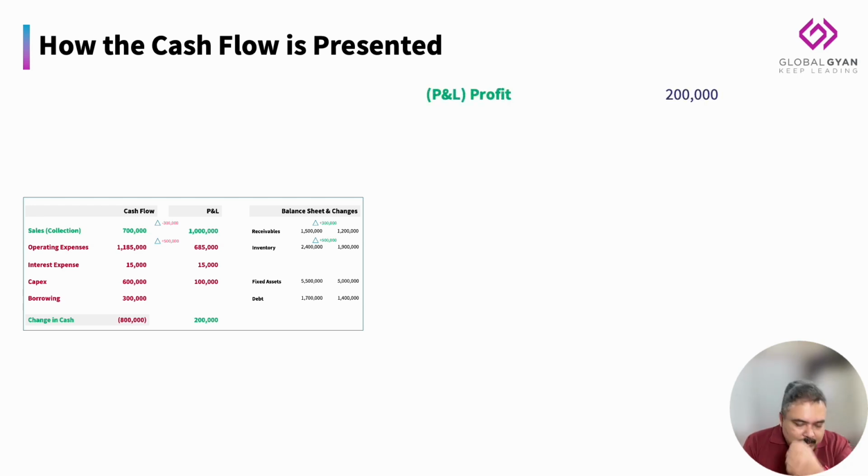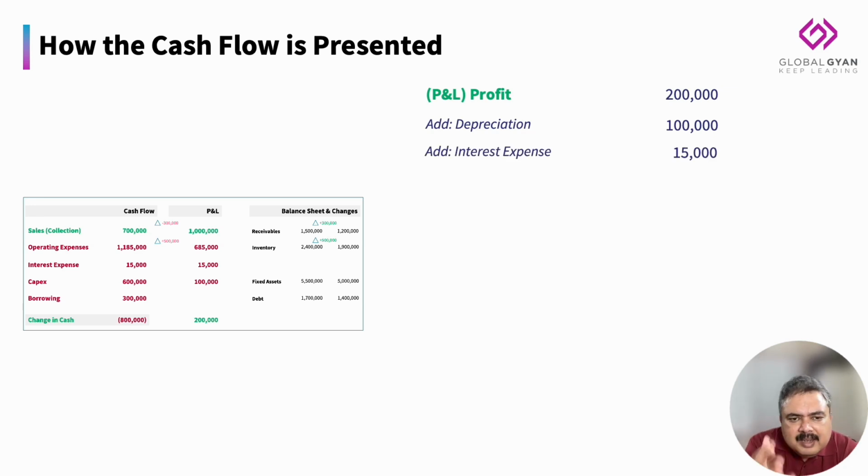So the cash flow statement typically starts from the P&L profit, because that's the number that everyone remembers. 200,000 was our profit. We add back depreciation because depreciation is not a real cash outflow, so the profit has been understated. Here, interest expense is also added back in the first part because interest is not an operating expense; it's part of your balance sheet capital.